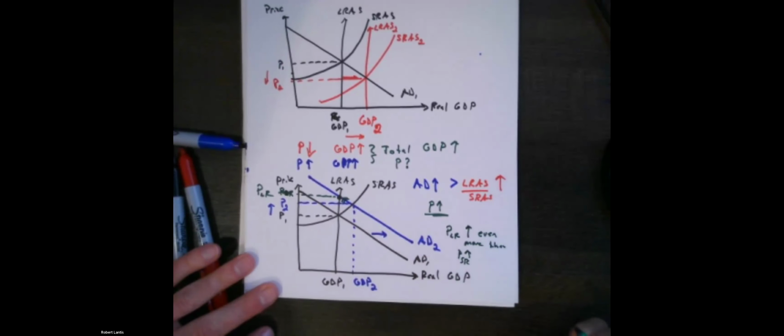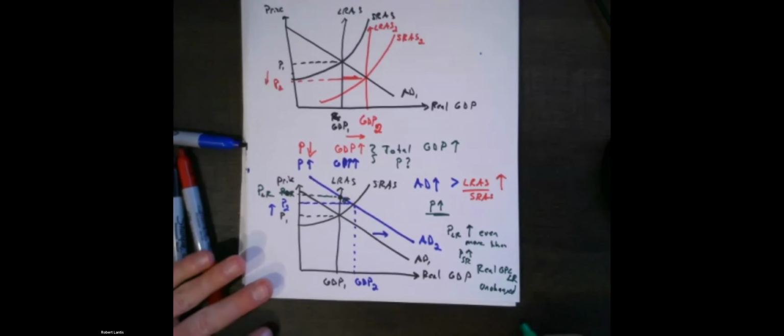Okay. But what do we also know? In the long run, we return to the same real level of GDP. So in the long run, our real GDP is unchanged or stays the same. Okay?